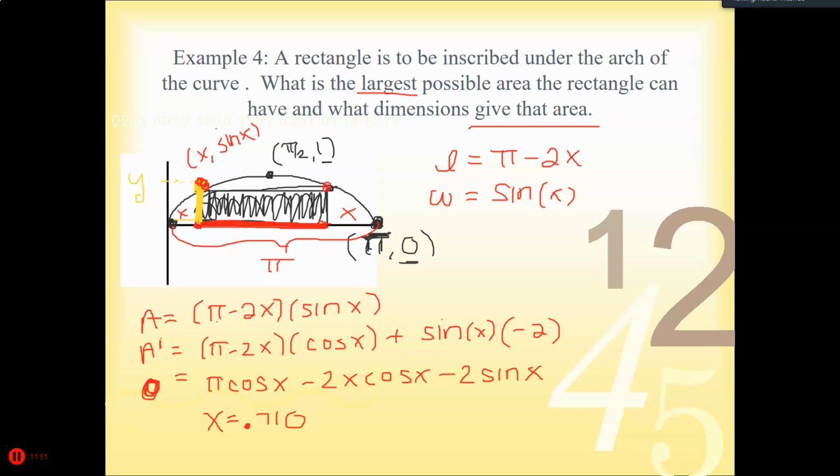Once again, you would need to know what's happening to the left and to the right to confirm that that is in fact your max. And we can see that it is positive to the left and negative to the right. We could also see that from the shape of this curve.